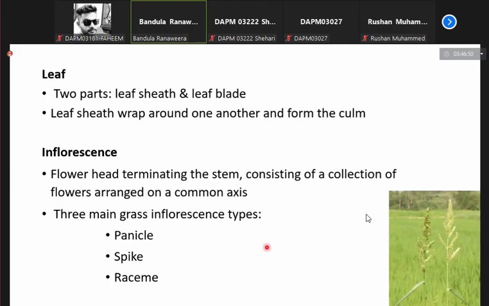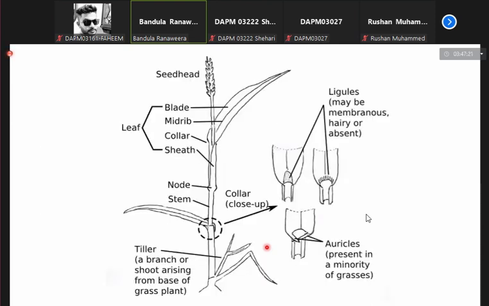These things you should observe by yourself. Just uproot a wheat plant, have a look at it and identify the head and the leaf sheath, and you can see the wrapping around the stem. The blade is set separately. Inflorescence types are panicles, spike, and raceme. We are just looking at a panicle. This is the leaf blade, as I mentioned earlier.